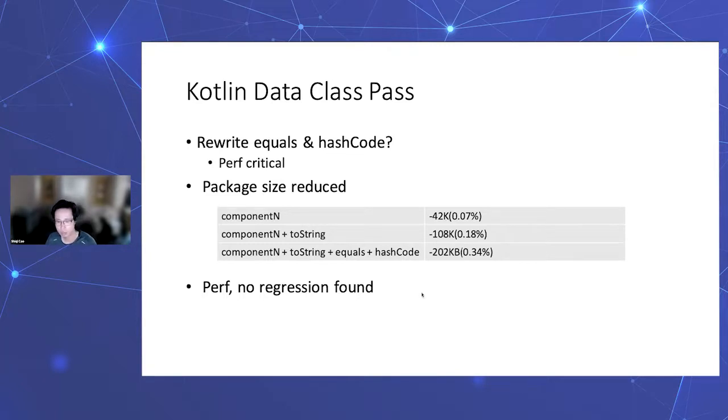Even though we use reflection in toString and know it's going to be more expensive, fortunately we didn't notice a perf regression during end-to-end testing. I think one reason is that toString is mostly used in debugging situations.